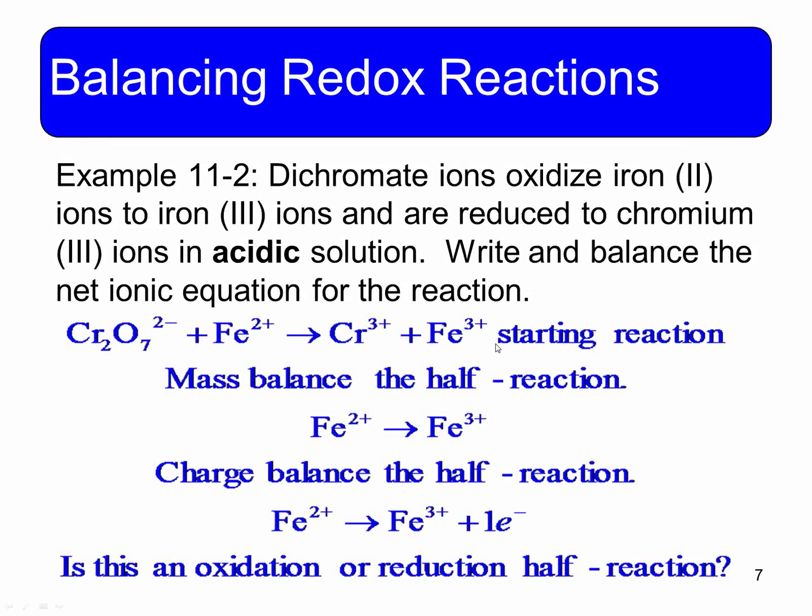So we have to add electrons to the more positive side. We have to add 1 electron: 3 minus 1 equals 2, and 2 equals 2. It's oxidation because we lost electrons to the product side. So LEO, L-E-O. There's our oxidation.